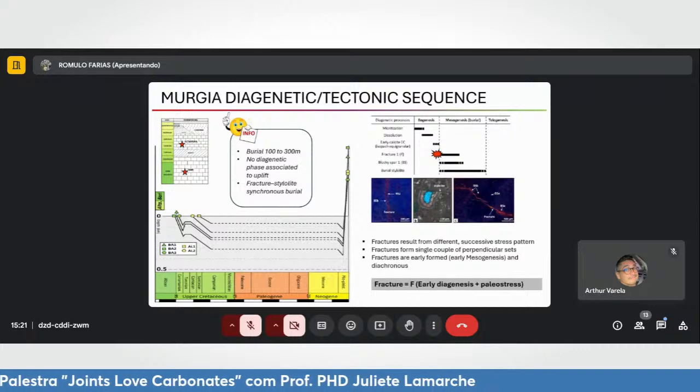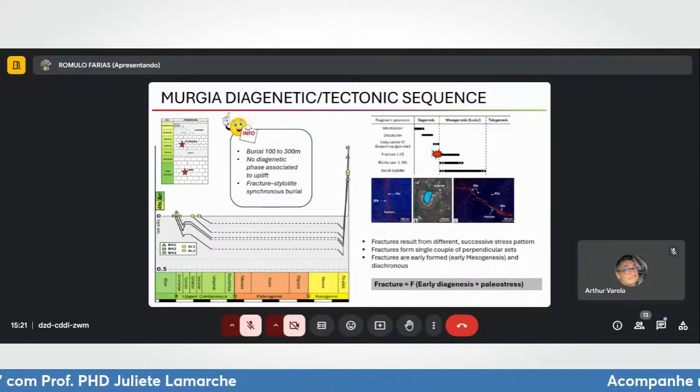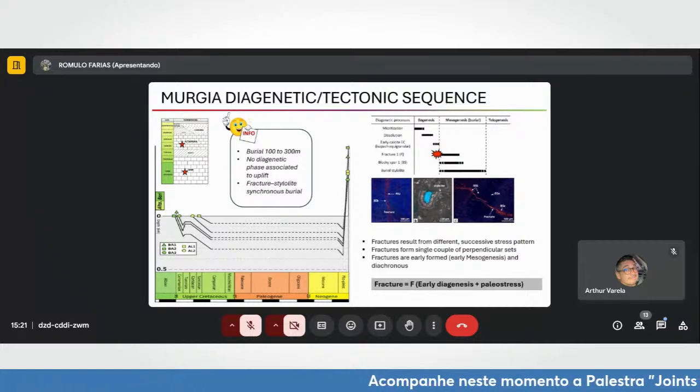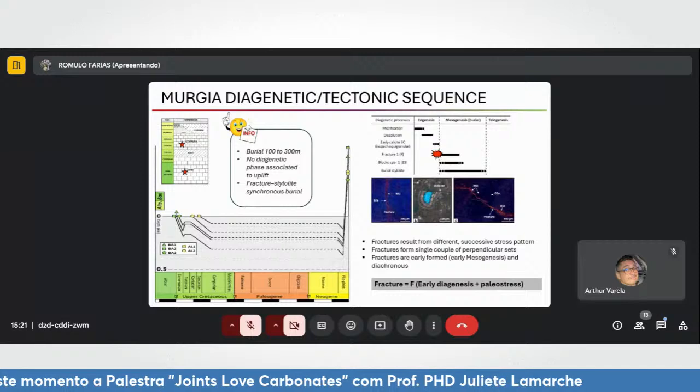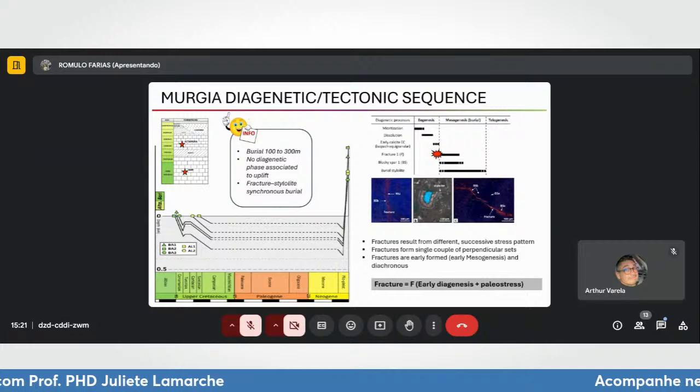So it's fantastic for us because it's like if you take a picture of your journey: the fractures are like a witness, a picture of the stress at that time. And evolving with time, the carbonate will record the stress pattern evolving with time also. So this is why carbonates can be a golden pick.